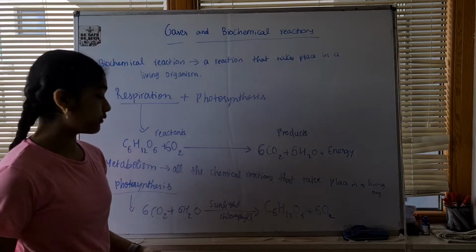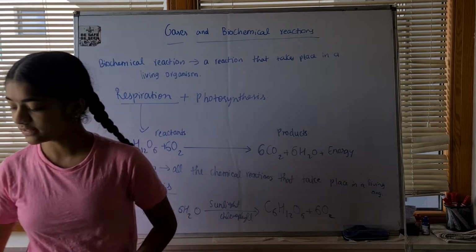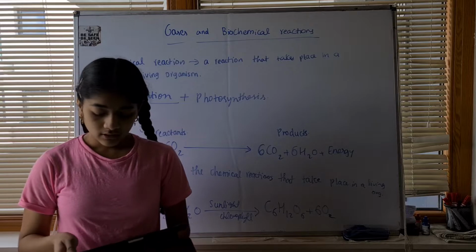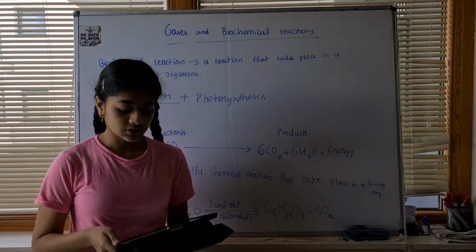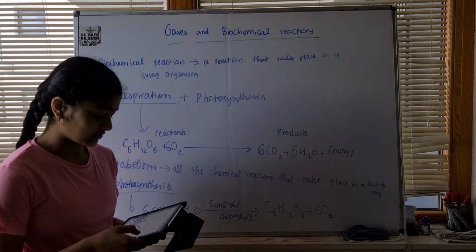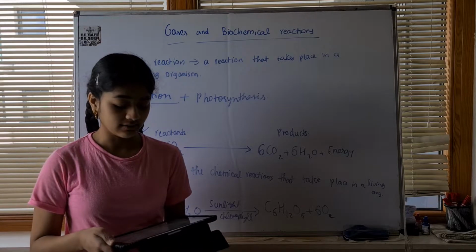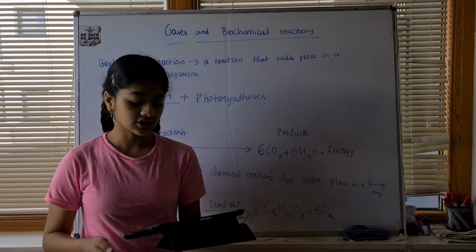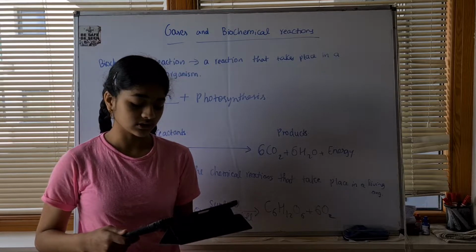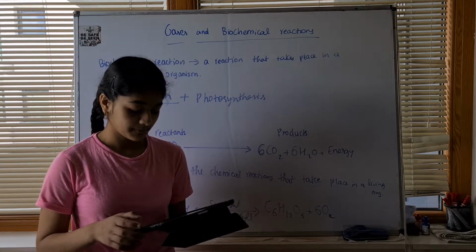This is the balanced equation for photosynthesis, and it takes place only in plants. So respiration and photosynthesis are two very important biochemical reactions because they provide energy to living things. These chemical reactions use a cycle of gases: oxygen, carbon dioxide, and water vapor.